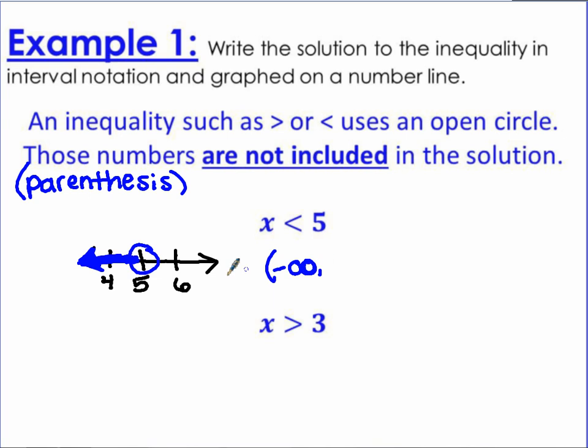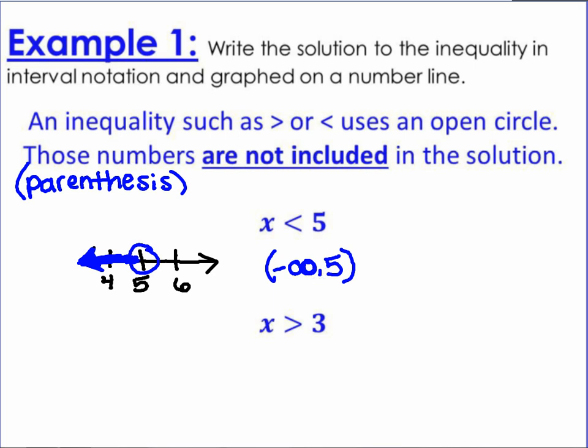So if this went on all the way forever to negative numbers and beyond, it would be negative infinity. And then it goes all the way up to 5, which is the highest that it can get. It won't ever go past 5, because it has to be less than 5. And it doesn't include 5, so like I said, we would use a parenthesis. So that's interval notation right here.